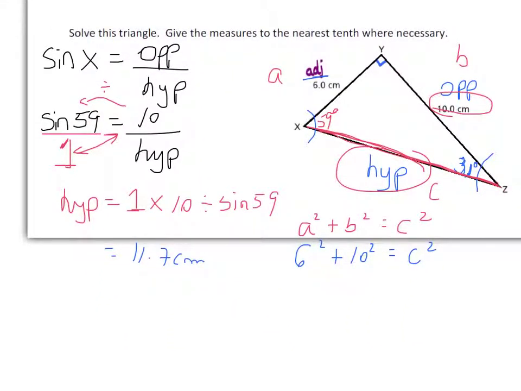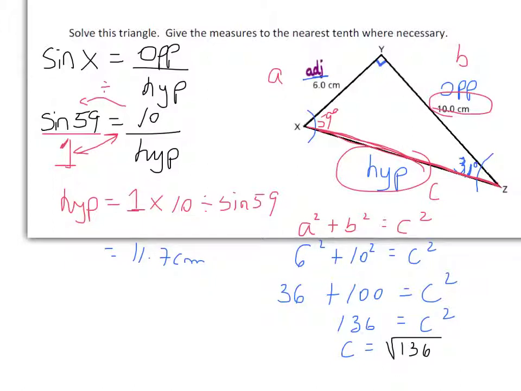So then 36 plus 100 is c squared. 136 equals c squared. And now to get rid of this squared right here, we do what's called a square root. So c equals the square root of 136, which is about 11.7. So we end up with the same answer.